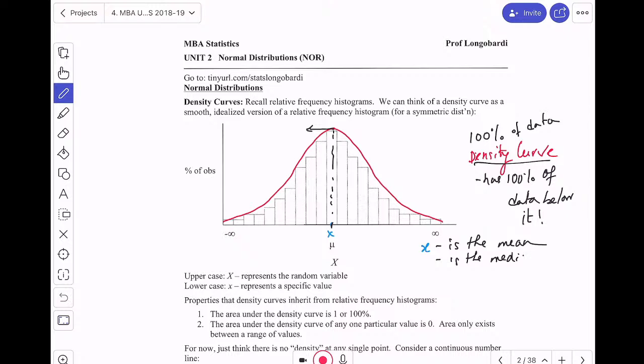It's the median. And it's in the modal class. What are some other names for x?